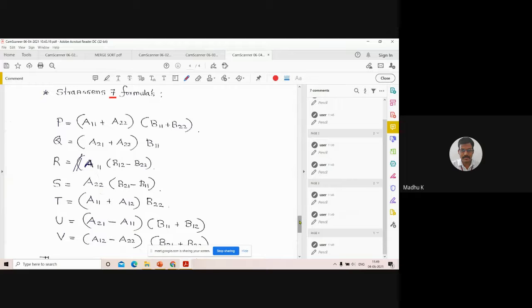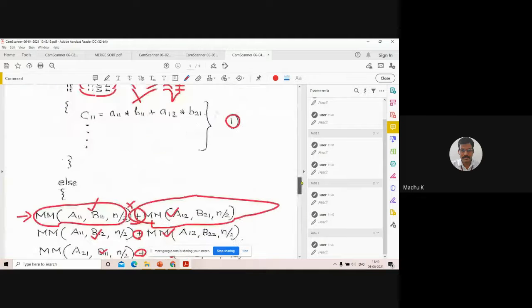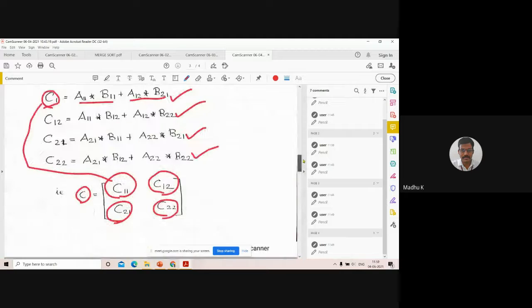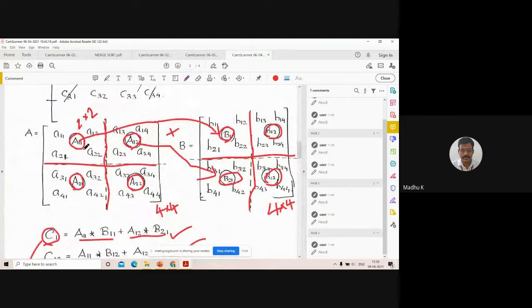So what is A11? A11 is this 2 by 2 matrix. After solving this 2 by 2 matrix, you will get a value, that is A11. Similarly, we can find other values.